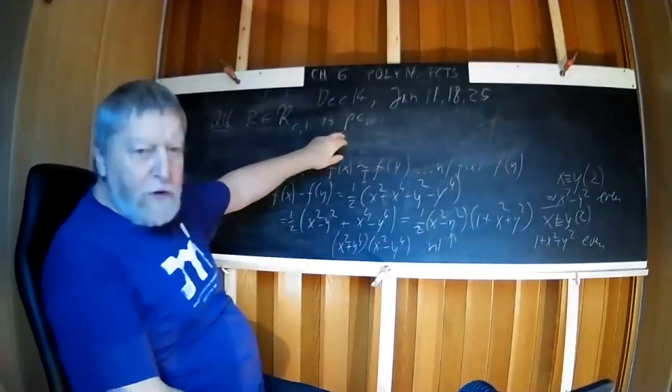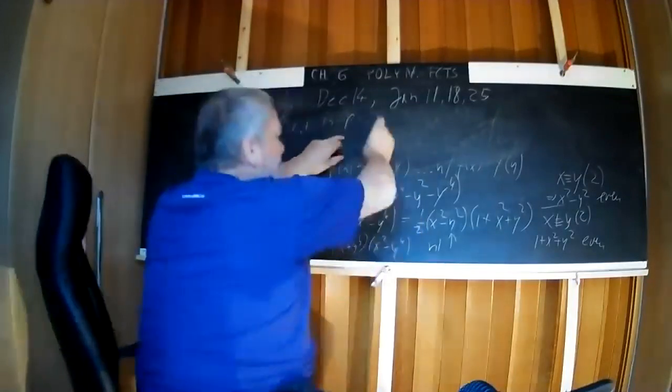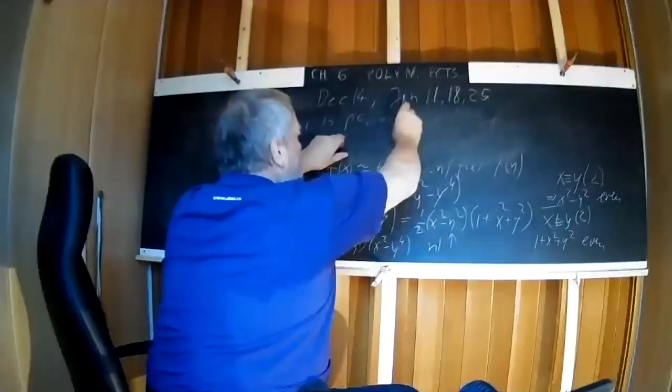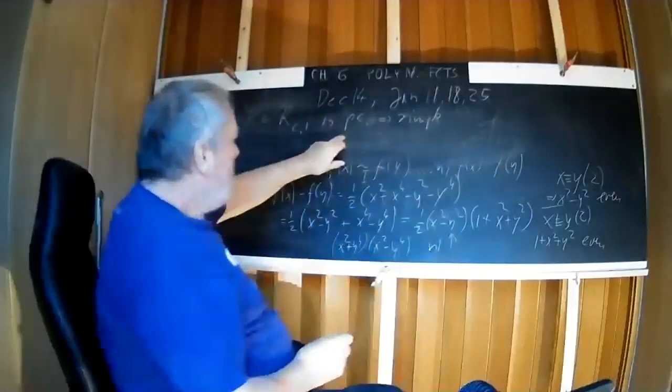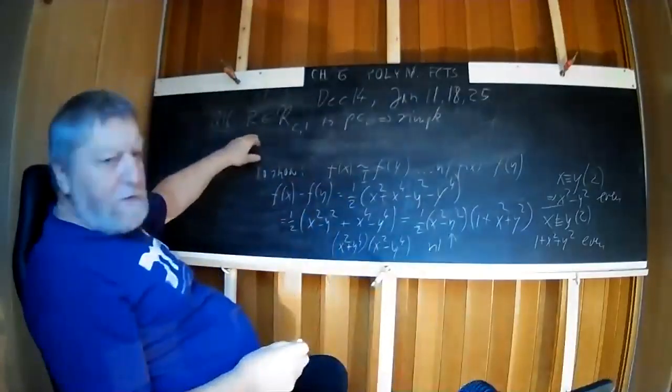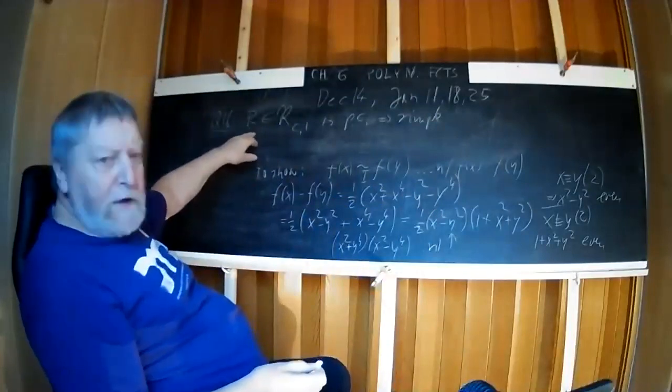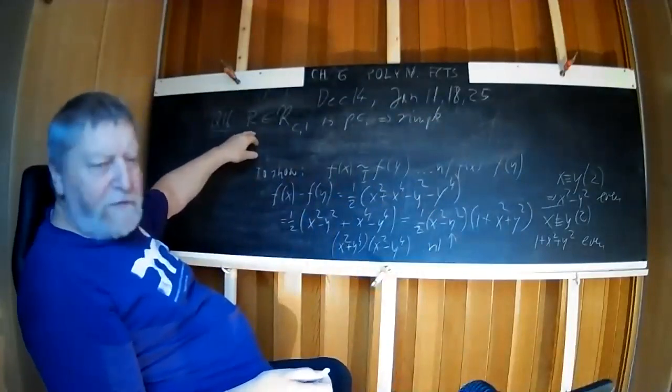If it's polynomially complete, we know that it's simple. And a commutative ring with identity which is simple is a field.